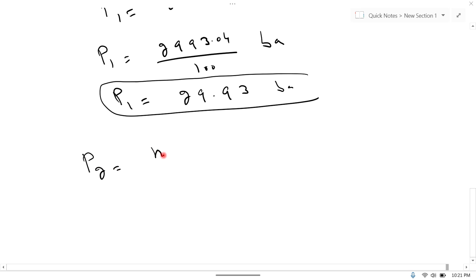Now to find P2 at temperature T2, use the above formula again. P2 V2 is equal to nRT2. n is equal to 0.375 kilomole.